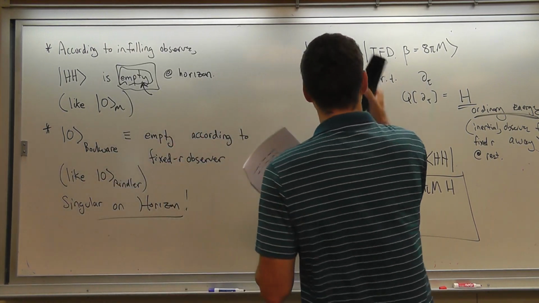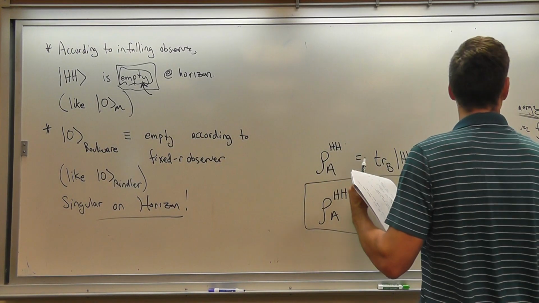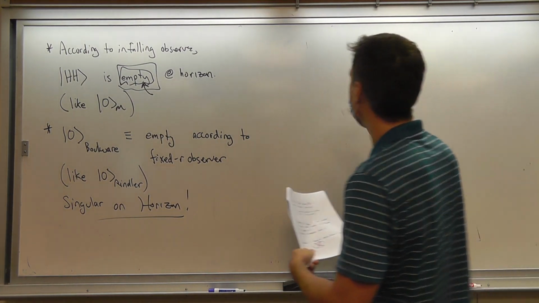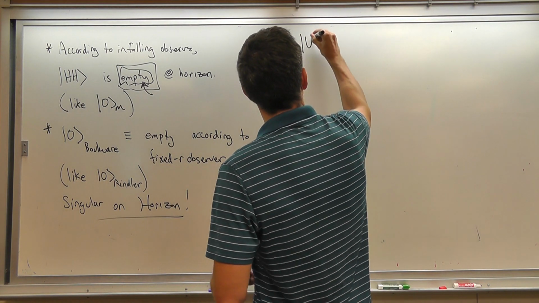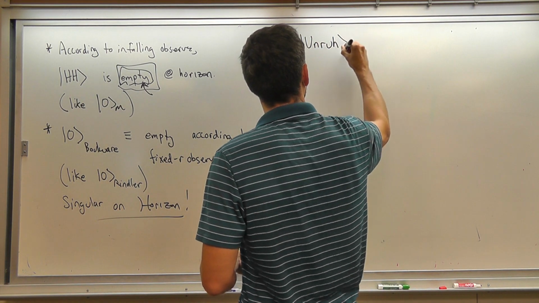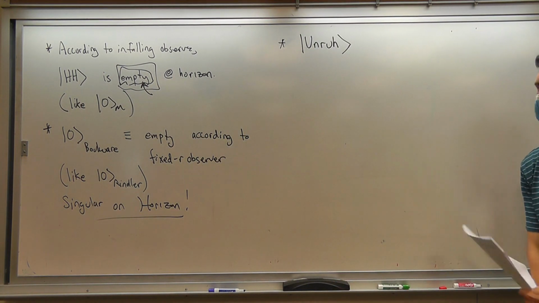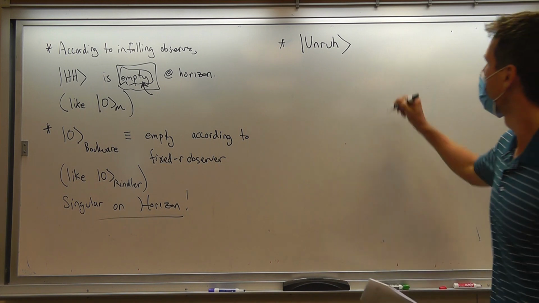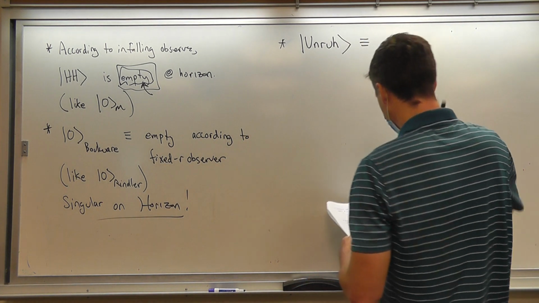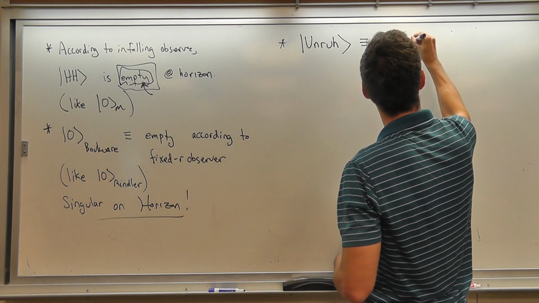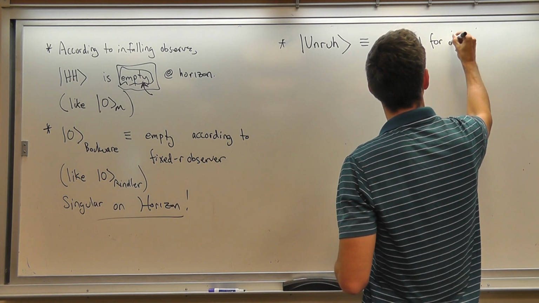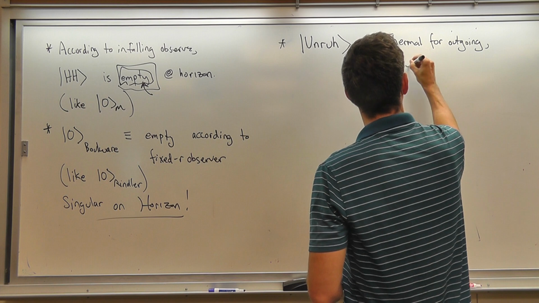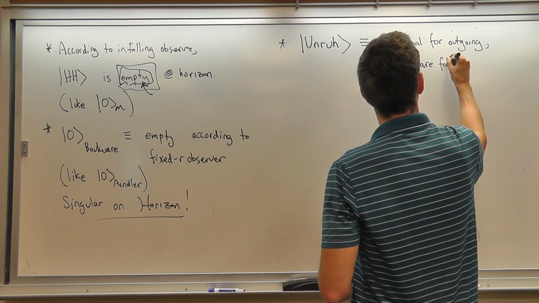Okay. There's one more state that I want to mention, which is called the Unruh state. And this one is more interesting. So the Unruh state, or the Unruh vacuum, is defined to be thermal for outgoing and Boulware for ingoing.